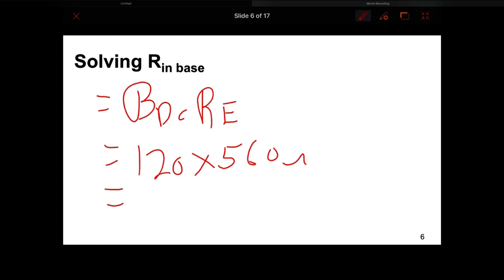So that's going to be 560 ohms times 120. So R in base equals 67.2 K ohms.